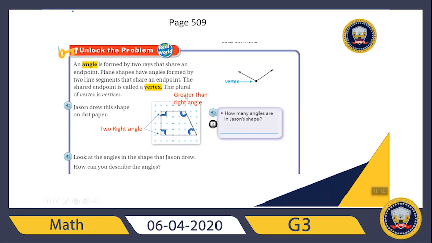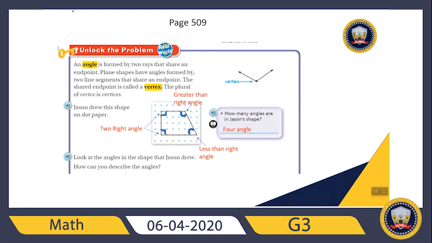But here we have an angle greater than a right angle. As the flash shows, it is not right. It is greater than, which means more open. And another angle here is less than a right angle.